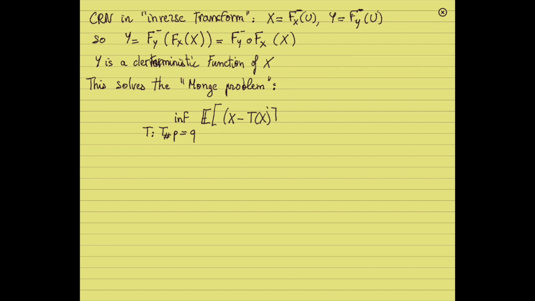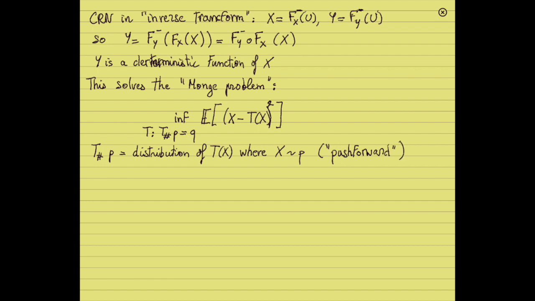Of the expected square difference between x and t of x. So that's the expected square distance between x and the image of x through the map t. We want to minimize that expected distance under the constraint that the distribution of t of x when x follows p is equal to q. That's called the push forward measure obtained from t and p.